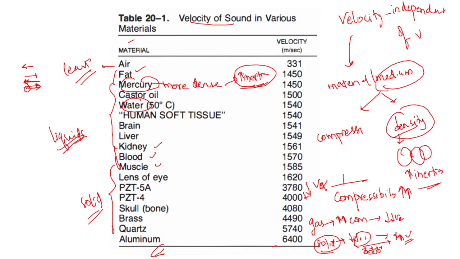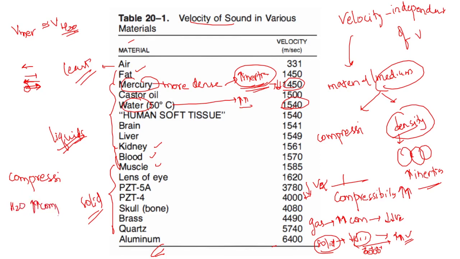So mercury, because of more density and more inertia, should have less velocity when compared to water, which has more velocity. But in reality, if you see the values, the velocity of mercury is almost equal to that of water. Why? The main reason is explained by compressibility, because water is more compressible when compared to mercury.